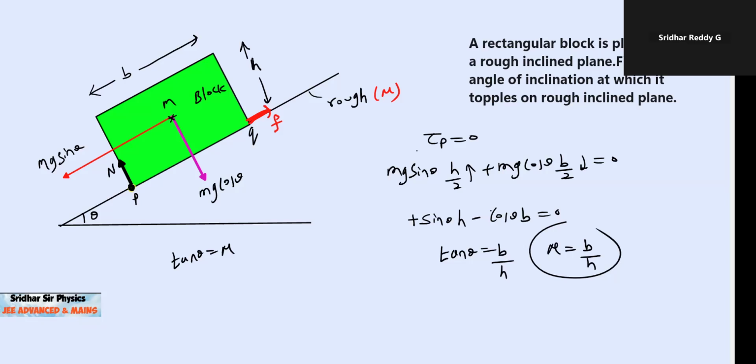Okay, this is one basic condition, irrespective of the mass of the block. When will the block topple? If the torque due to mg sin theta is greater than that due to mg cos theta, the block will topple, then tan theta should be greater than b by h for the block to topple.